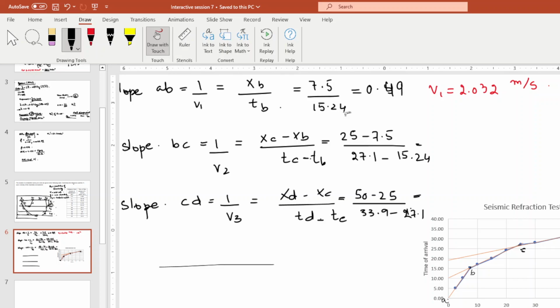See, how do you calculate a slope? You know slope. There are two, three methods. One method is in coordinates where you will have y2 minus y1 divided by x2 minus x1.